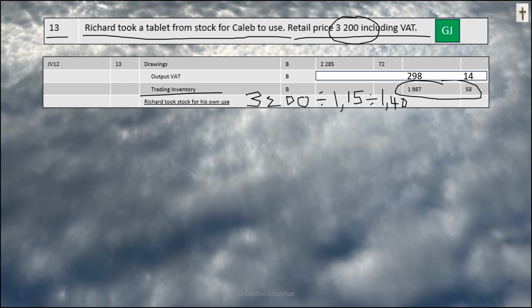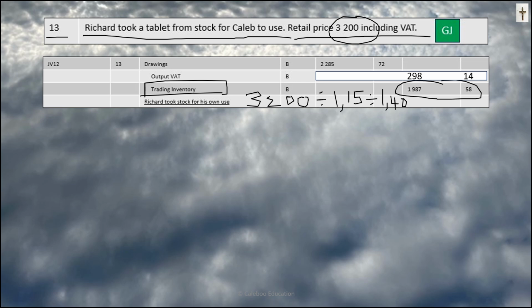So 3,200 is the amount that includes output VAT, and it includes the markup, because I want to get back to the historical cost price of the trading inventory that the owner is withdrawing for his own personal use.